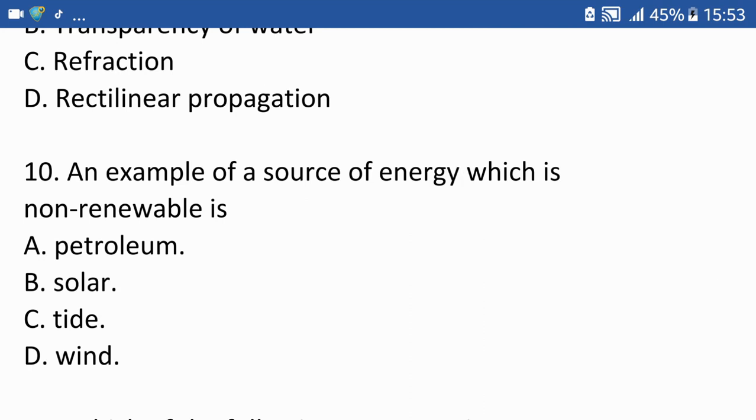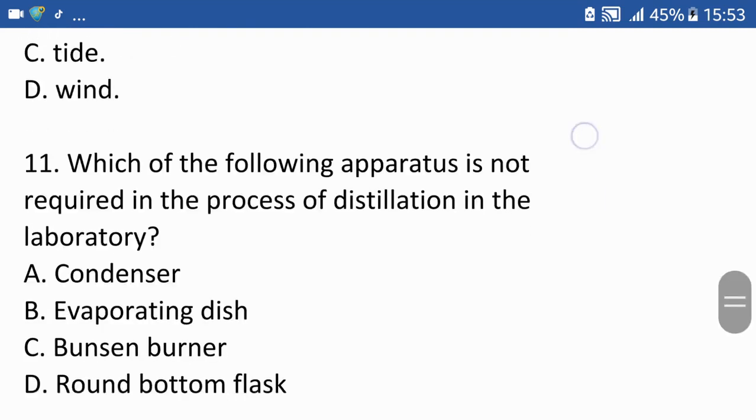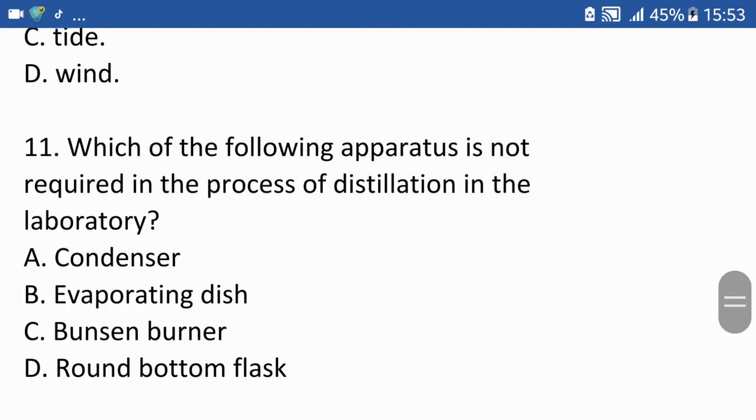Ten, an example of a source of energy which is non-renewable is. Eleven, which of the following apparatus is not required in the process of distillation in the laboratory?